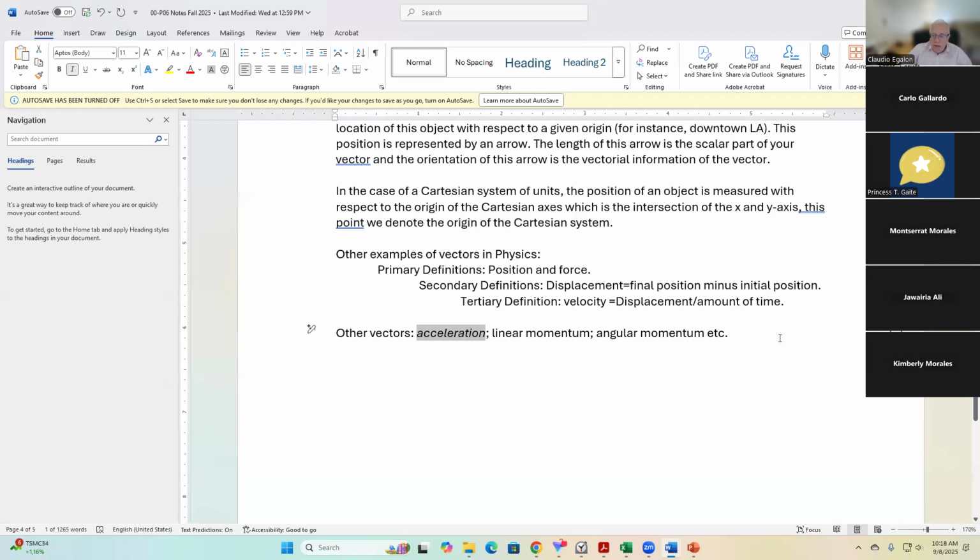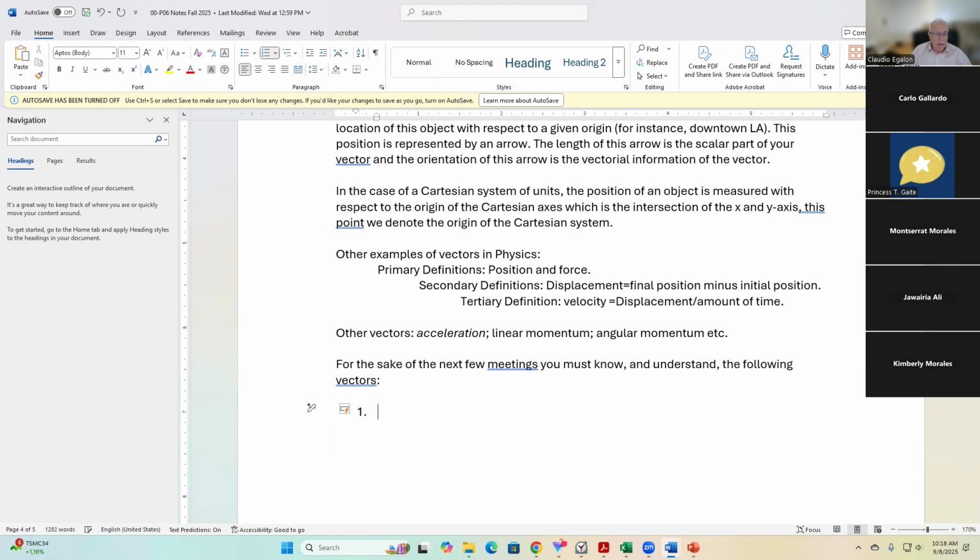For the sake of the next few meetings, at the beginning of the meeting, you must know and understand the following vectors. 1, vector position. 2, vector displacement.